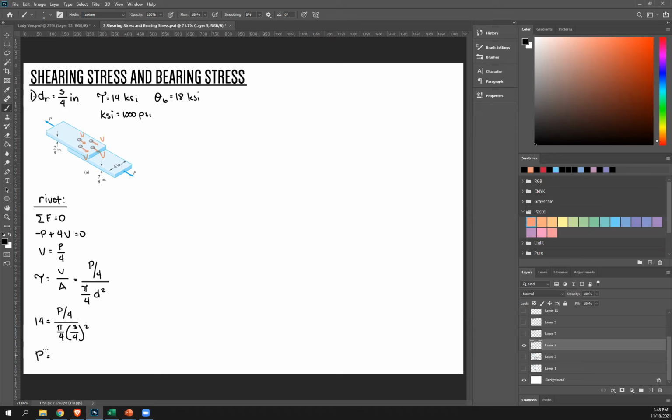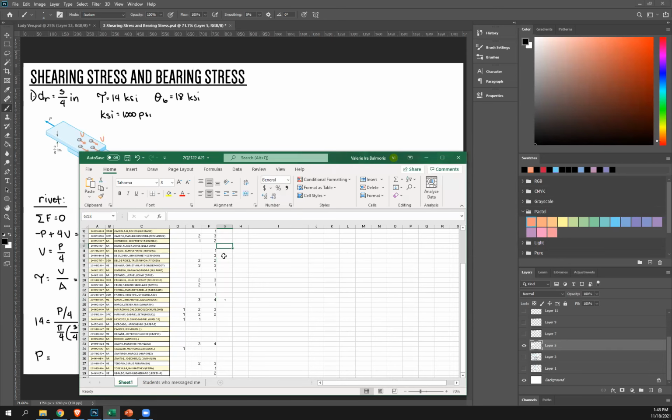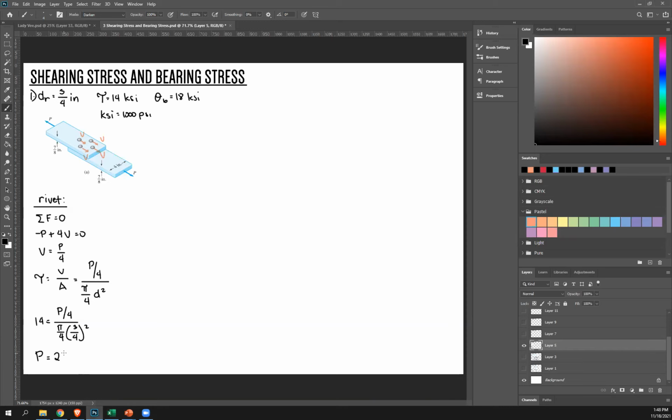From this, you can solve for P. Please solve. What's the answer? Correct. It's 24.74.